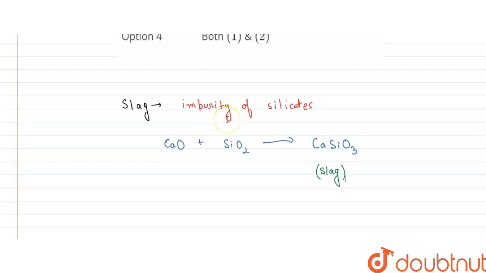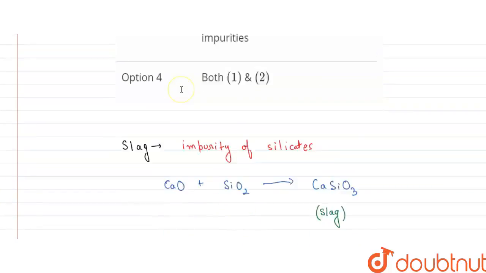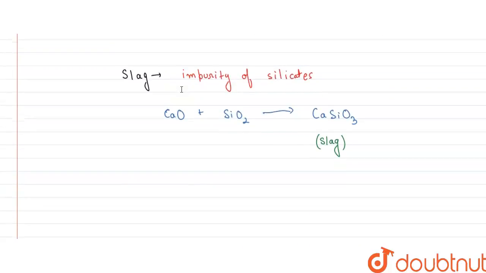So first point we have discussed that this is our impurity. Secondly, as I said, it is in molten form and is collected at the last stage. So it actually prevents the contact of molten metal and air.